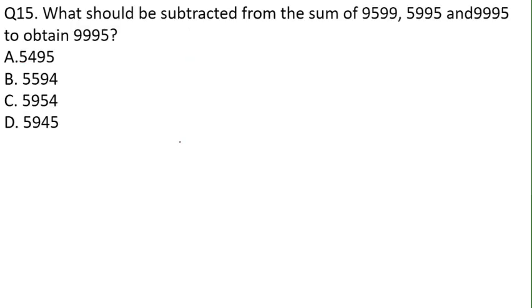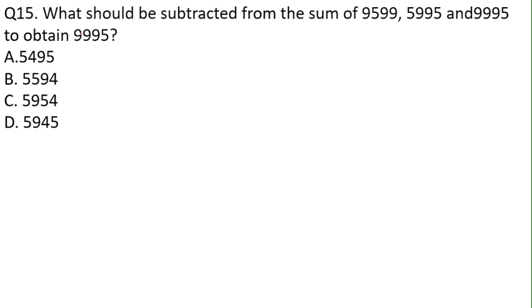Next question. What should be subtracted from the sum of 9,599, 5,995 and 9,995 to obtain 9,000? There is a correction in this question. Let me give the correction first and then we'll solve the question.